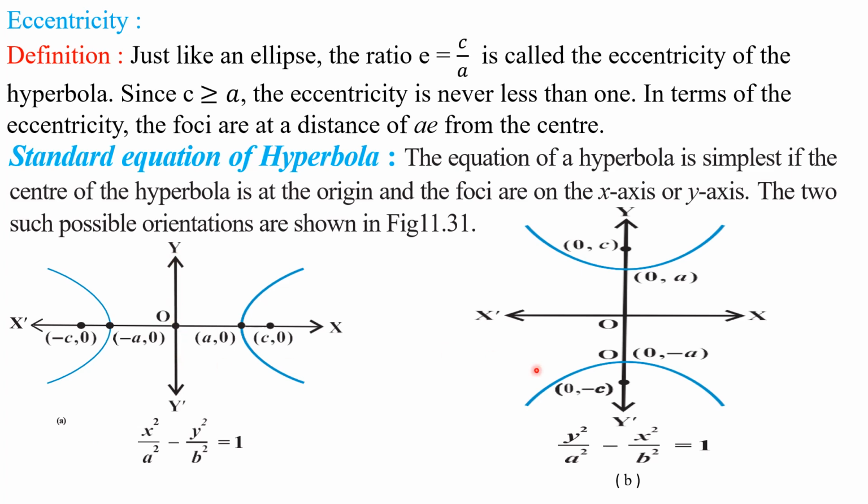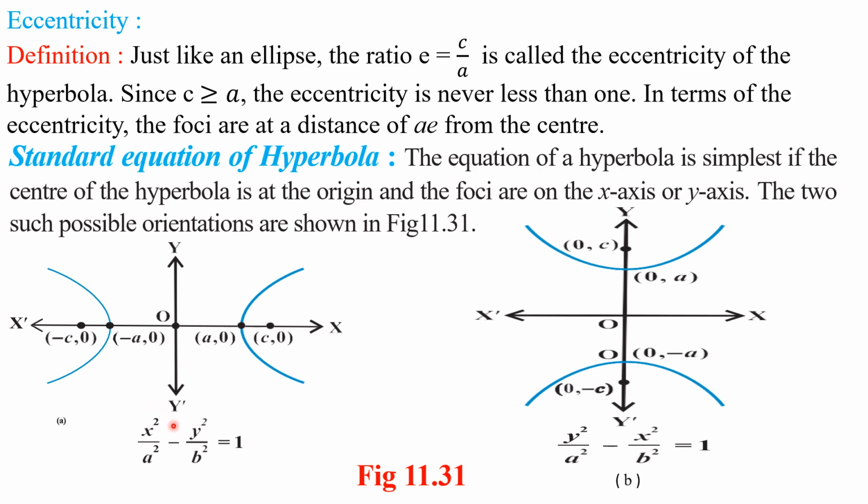Whereas in the case of 13.31b, here the conjugate axis is along the x-axis and the transverse axis of the hyperbola is along the y-axis. Okay, my children. Please remember these points.